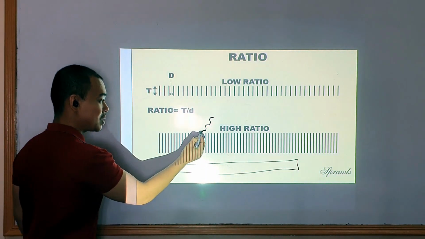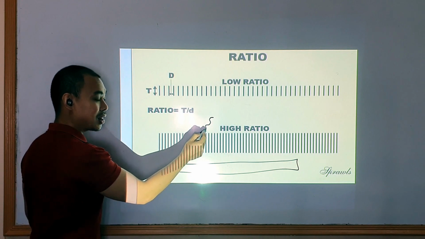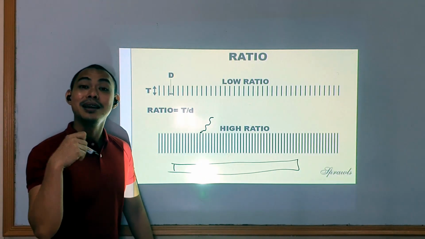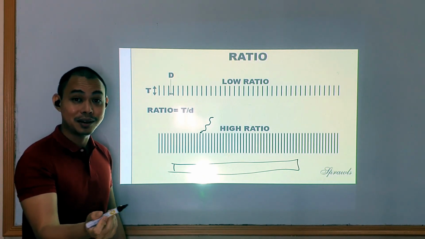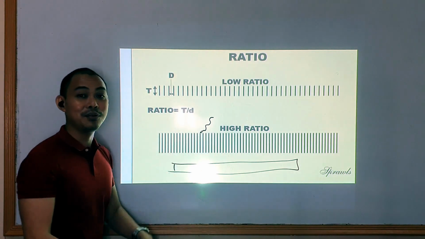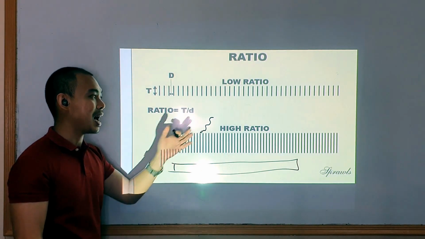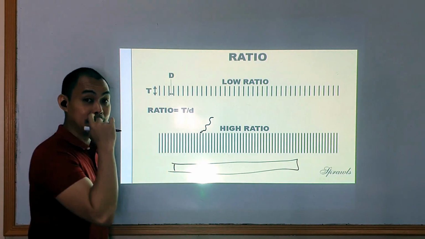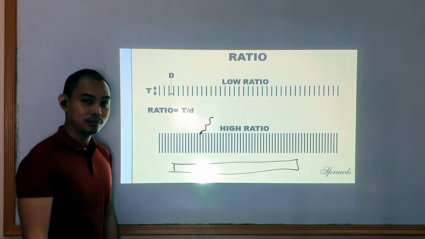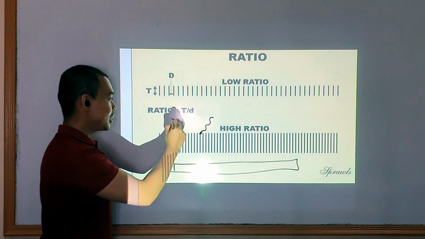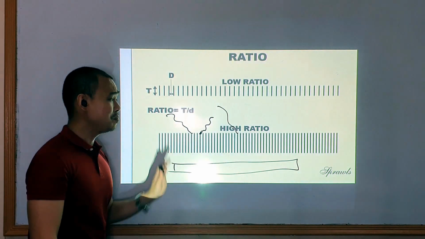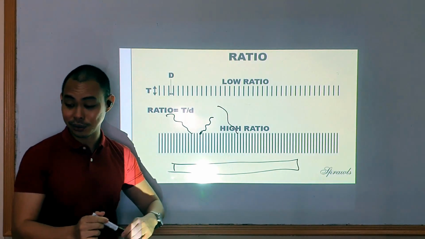Remember, scatter radiation, if it reaches your image receptor, it can decrease the contrast, right? So we need to eliminate the scatter radiation. So if you are using a grid that has a high grid ratio, it would look like this. Scatter radiation can be absorbed here, and here, and here, because it has a high grid ratio.